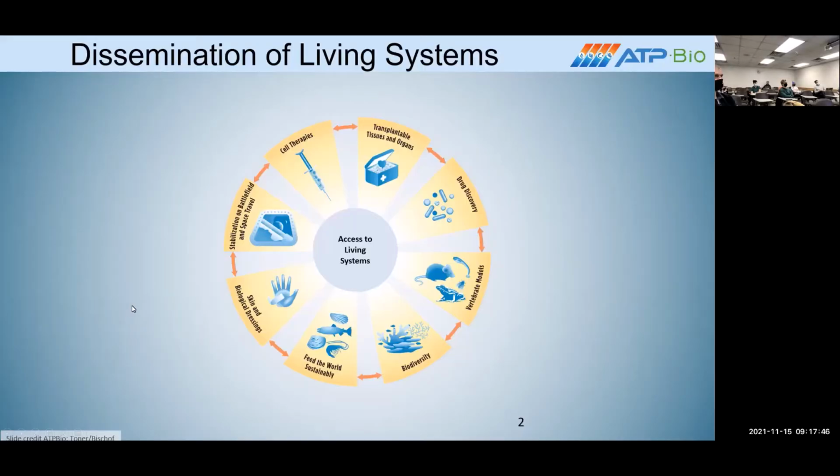In an era of medicine where therapeutics are consisting more and more of living entities, advances in cryopreservation have really become an immediate necessity. The ability to disseminate living systems has a significant role to play in many broad areas of science, engineering, and of course, medicine.